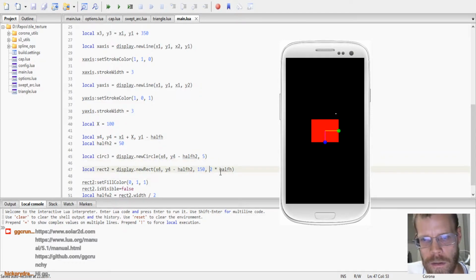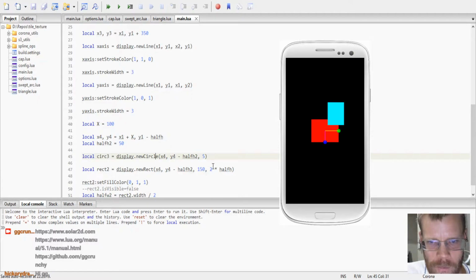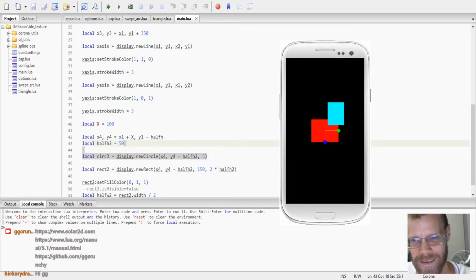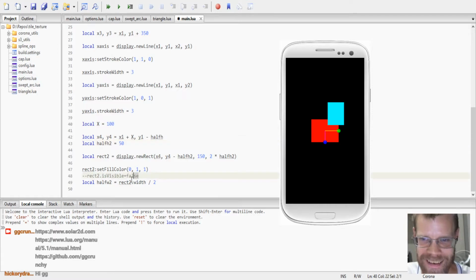So why is this twice as tall? Oh, that is the wrong height. Yeah. Most errors are like this.